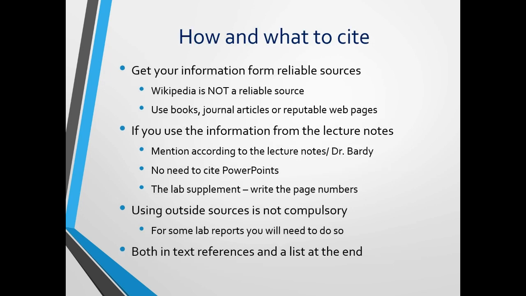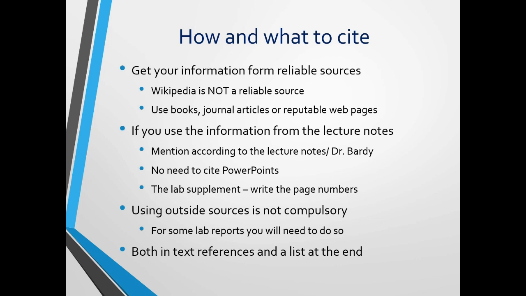So here's how you should cite if you're using outside sources. First of all, get your information from reliable sources. Wikipedia is not a reliable source. Use books, journal articles, or reputable web pages. If you're using information from the lecture notes, mention according to lectures or according to Dr. Barty. If you use information from PowerPoints, there is no need to cite.